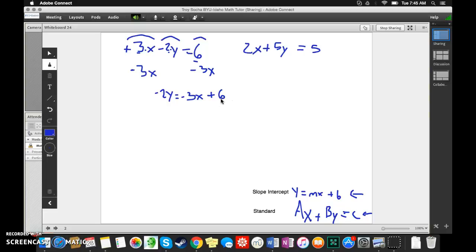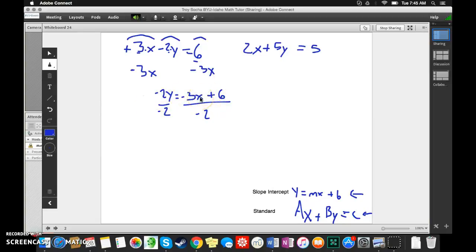So once you subtract the 3x, you get the x term over. By getting the x term over, we get this problem right here, the negative 2y equals negative 3x plus 6. By moving that over, we get that.